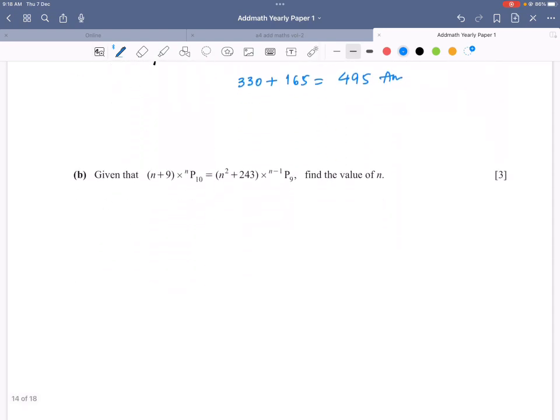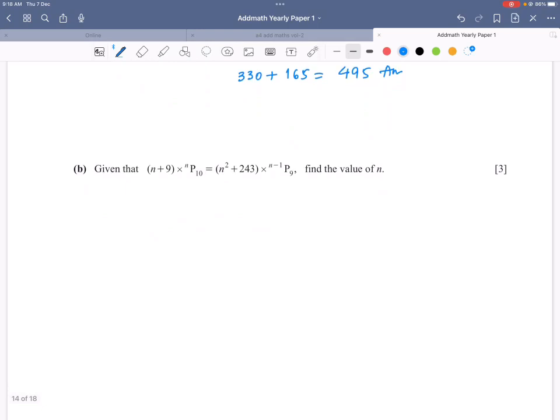Next one, given that n plus 9 times nP10 is equal to n square plus 243 times n minus 1 P9, find the value of n. So firstly, we must understand the working formula for nPr. nPr is equal to n factorial divided by n minus r factorial. So nP10 will be n factorial divided by n minus 10 factorial.